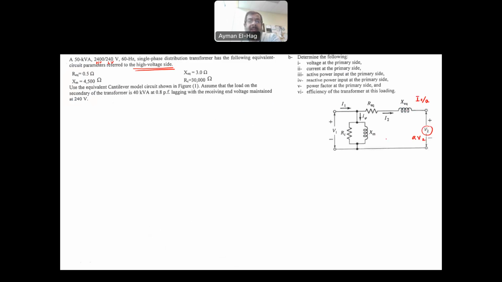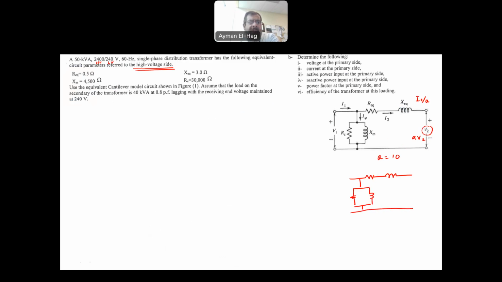A is the ratio, which is equal to 10. So your model will be as such. This is the model that we will use in this question.